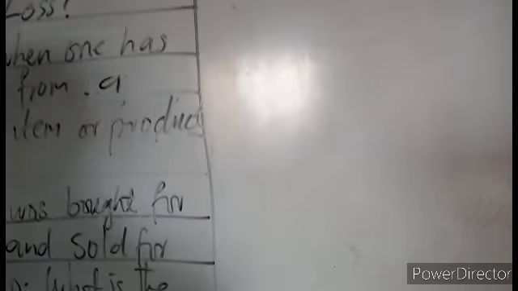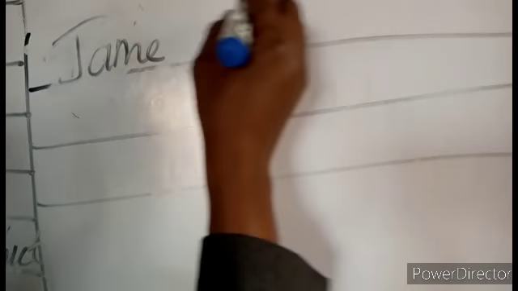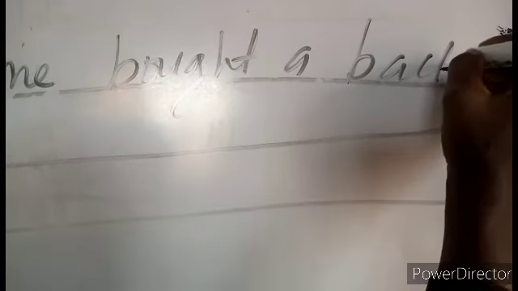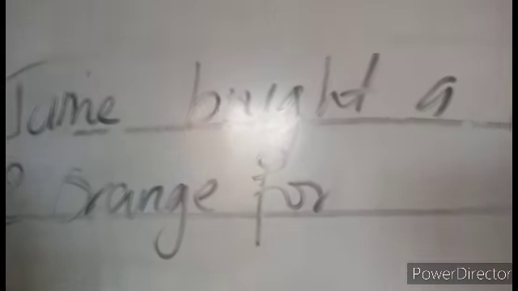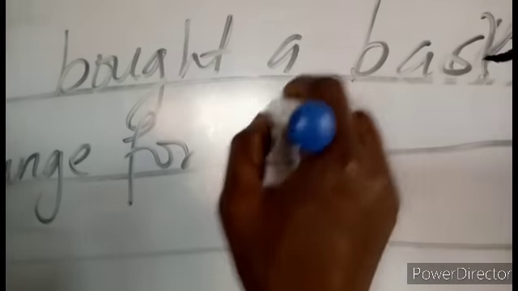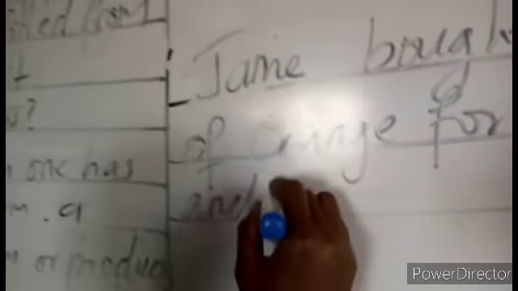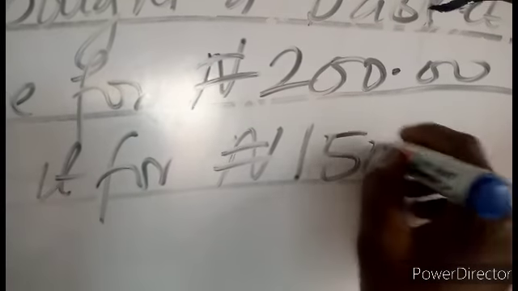Okay, let's take a look at the second example. James bought a basket of orange for 200 naira and sold it for 150 naira.